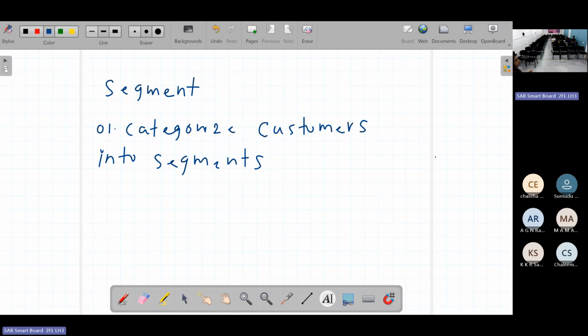We make differences to the product depending on the type of the segment. For example, in terms of social class, we can divide customers into different categories. There are people with high income level, then middle class people, then lower class. Then based on that, we can modify our product.